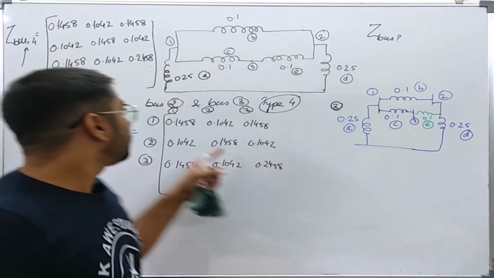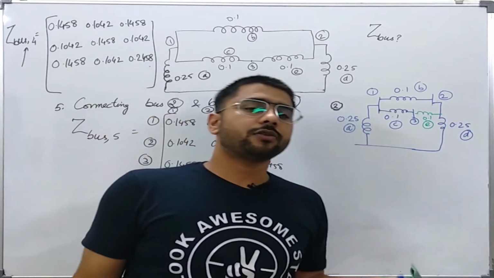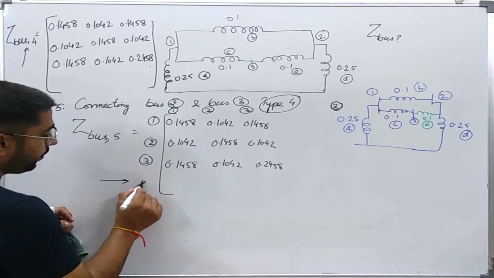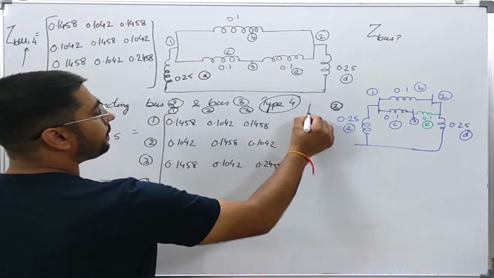Now you see that in the type 4 modification, we add a new row and a new column.